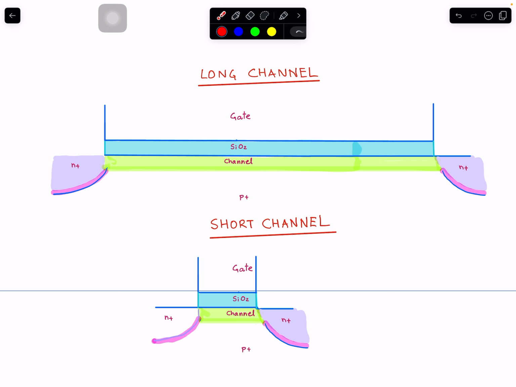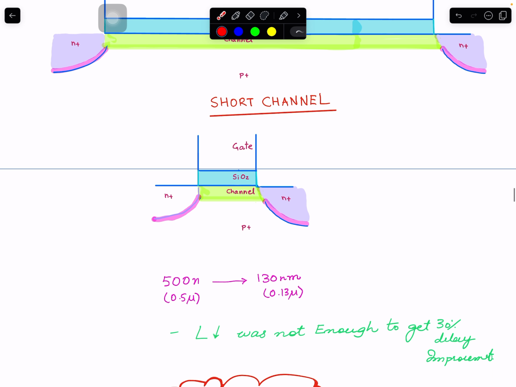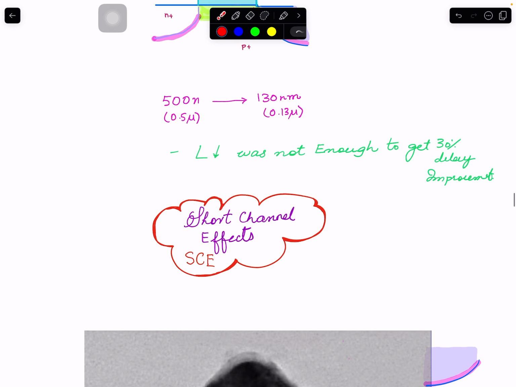It's no longer the case. You have to do some extra things. Before, we were decreasing the length and reducing the oxide thickness, and we would get this improvement in delay. But from 500 to 130 nanometer, you have to start doing some additional things. You're fighting with the effects of short channels. These are called short channel effects.